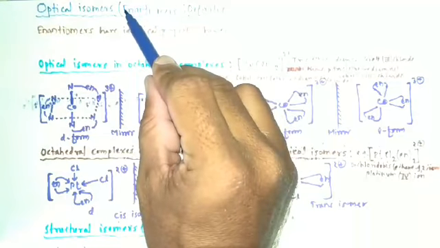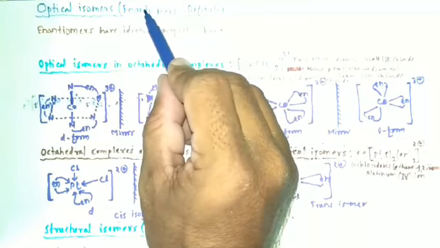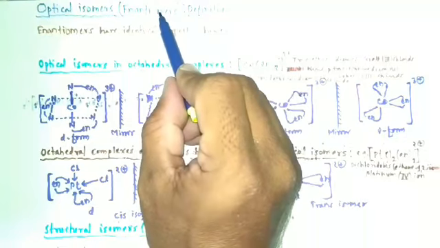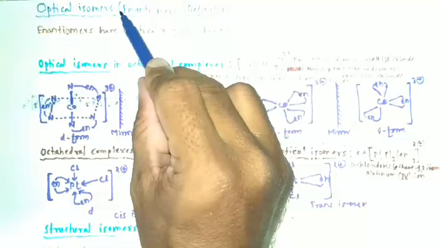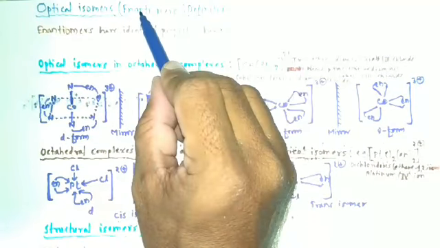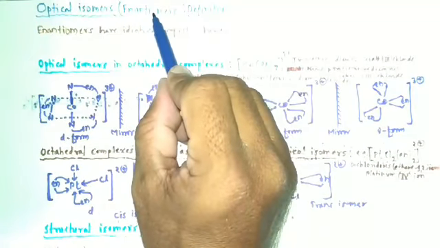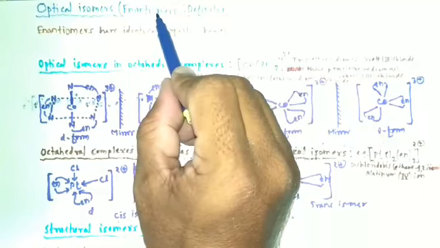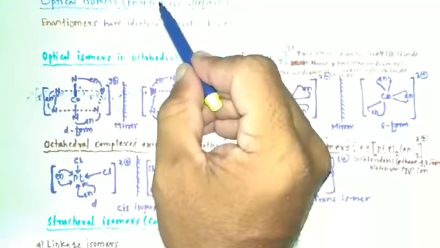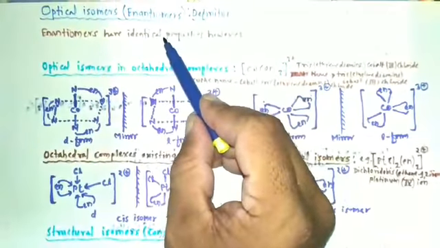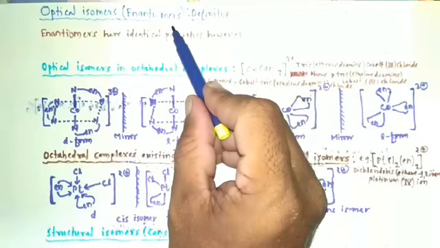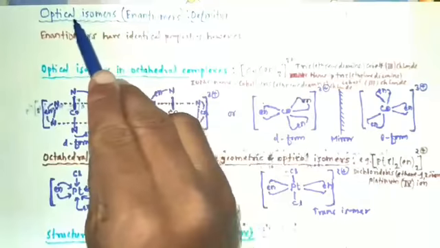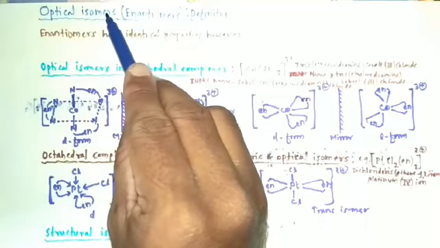Optical isomerism is exhibited by those compounds which possess chirality. Those compounds which possess chirality show the phenomenon of optical isomerism.